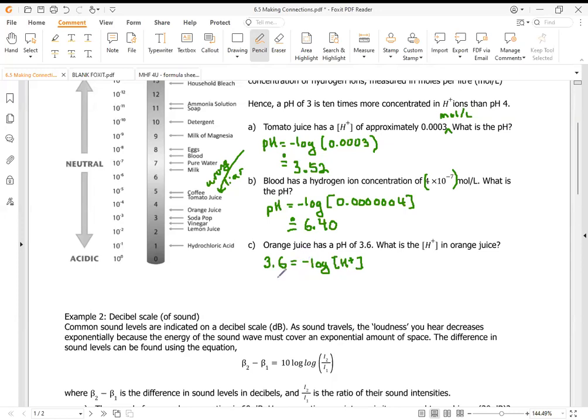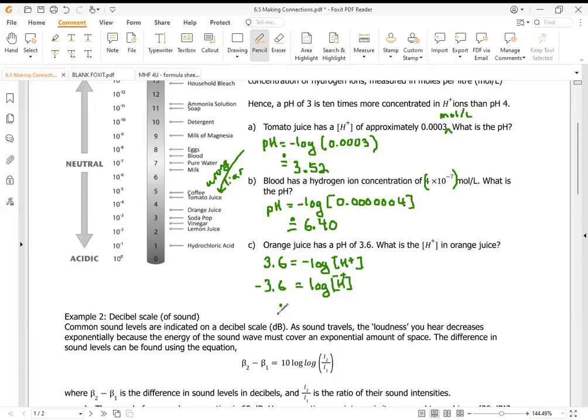Divide both sides by -1. We get -3.6 equals log of something. Which means 10 to the power of the answer equals that. So 10 to the power of this exponent equals the answer H.